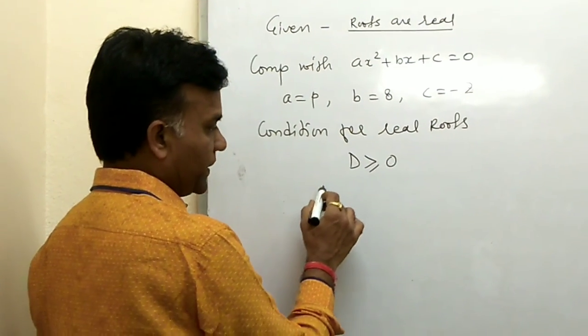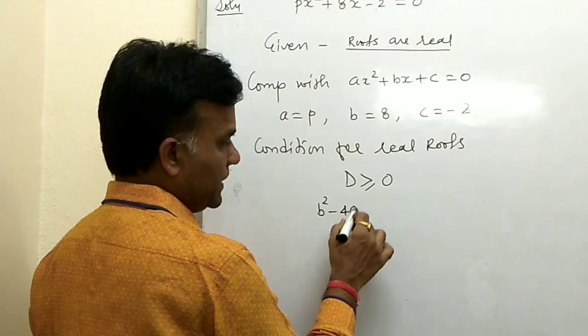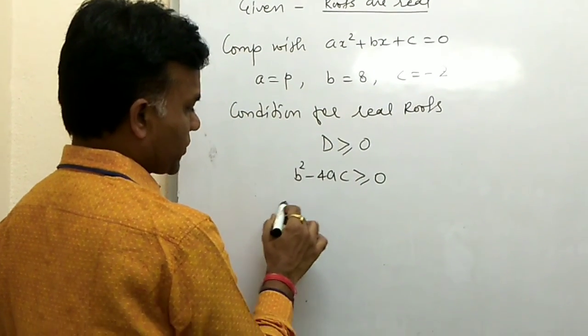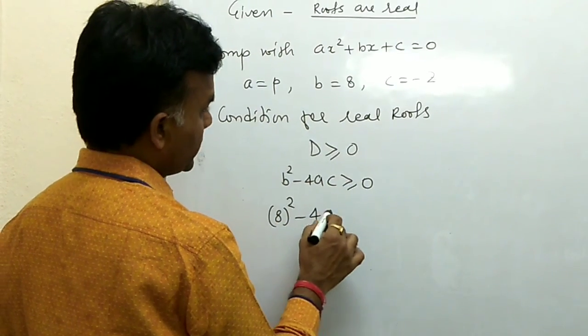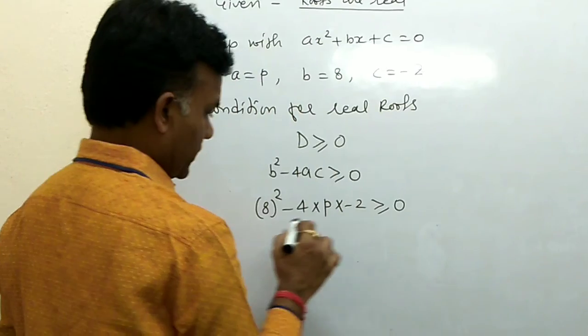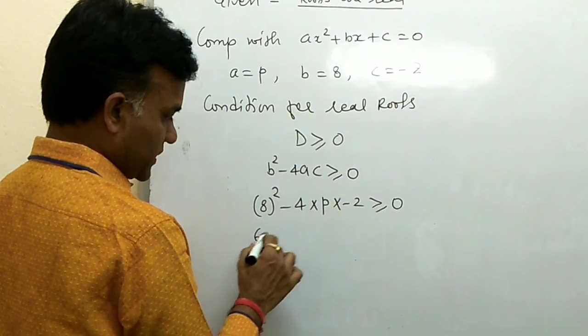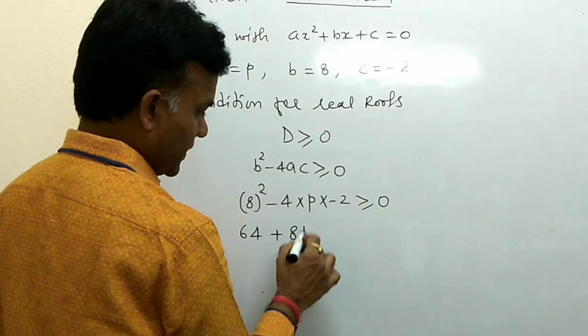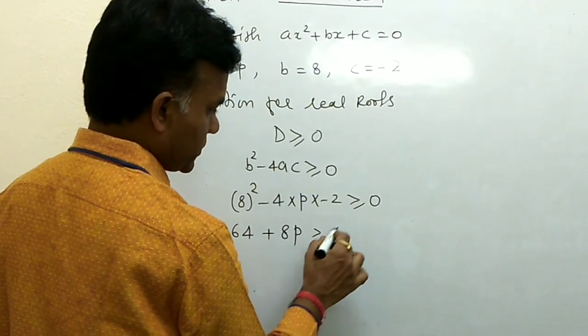And what is the value of D? That is b square minus 4ac greater than or equal to 0. We put the value of b: 8 square minus 4 into p into minus 2 is greater than or equal to 0. 8 square is 64, plus 8p, greater than or equal to 0.